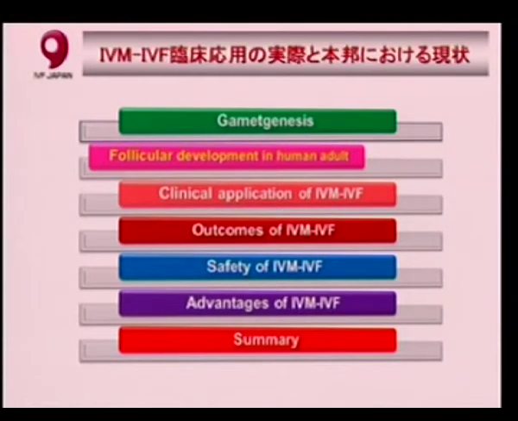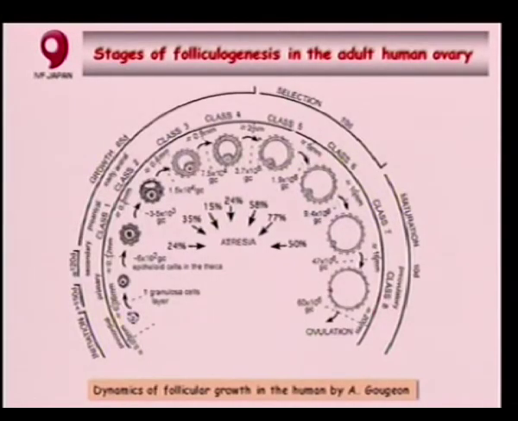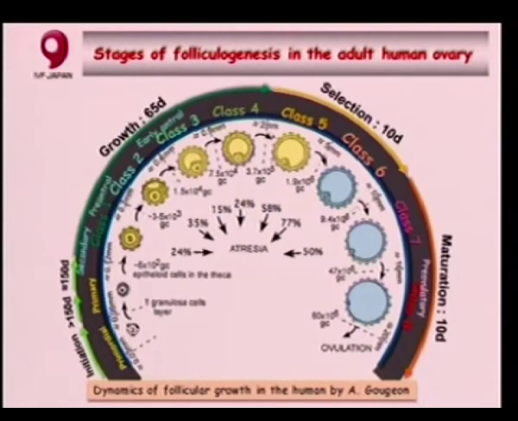And follicular development in human, Dr. Ehrenberg also showed Gougeon's criteria of follicular development. This is a very simple slide, but we classify it into class 1 to class 8, the classification of Dr. Gougeon. And it takes about 85 days.